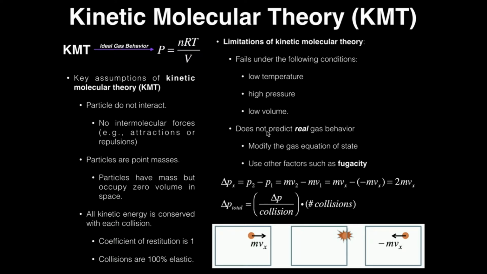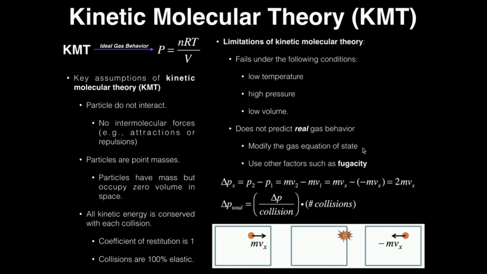The other thing about this is that the ideal gas equation does not predict real gas behavior. There are some situations, like I've mentioned here, low temperature, high pressure, low volume, where the behavior deviates pretty far from ideality.